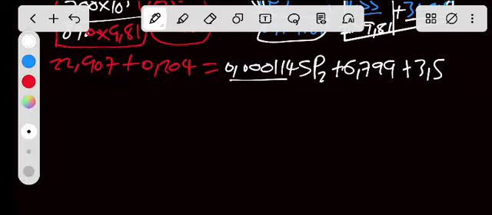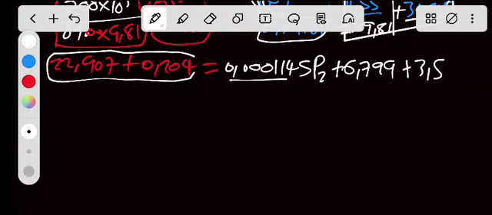Now since we have that, we can simply subtract this on the other side.